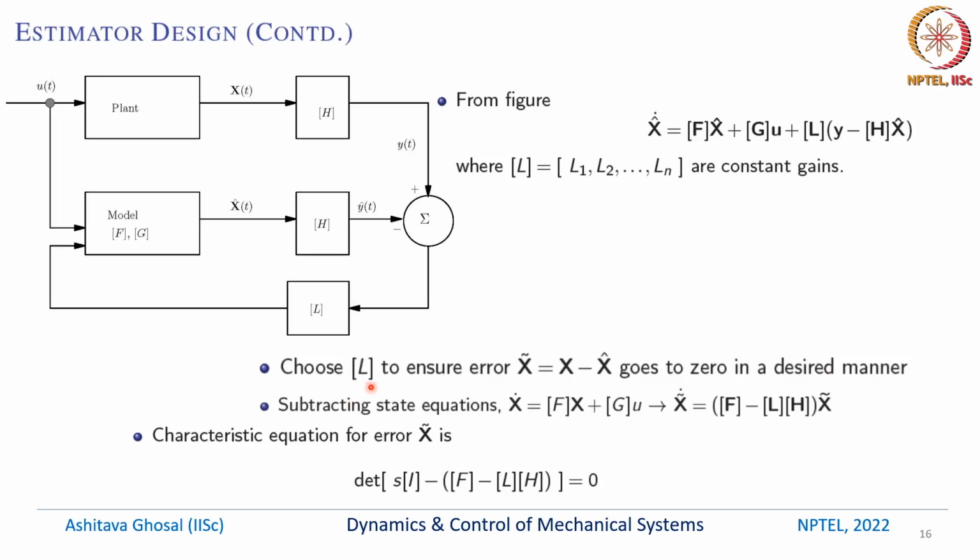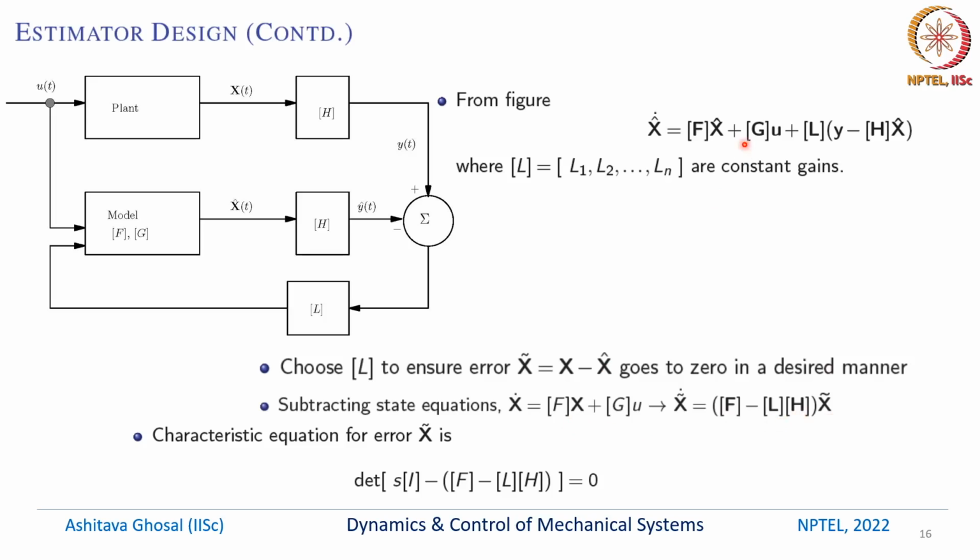The basic idea is that we are going to choose L to ensure that the difference between x and x hat goes to 0 in a desired manner, so that x tilde goes to 0 quickly and we know x if we know x hat. If you look at these two expressions, x dot equals fx plus gu and x hat dot equals this, and subtract the state equations, what you get is x tilde dot equals f minus LH into x tilde.